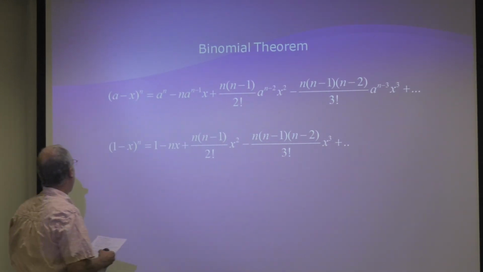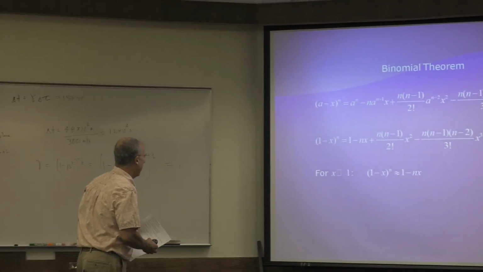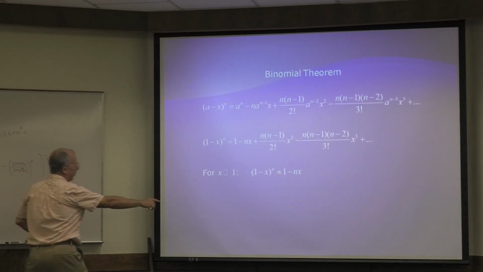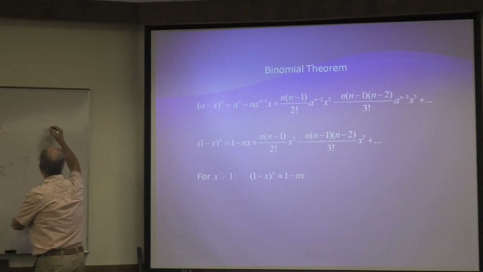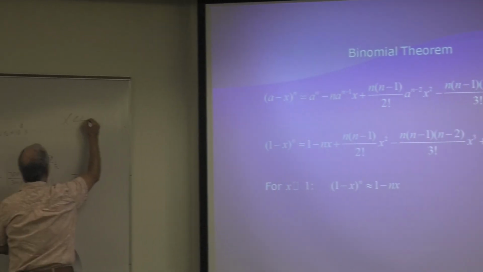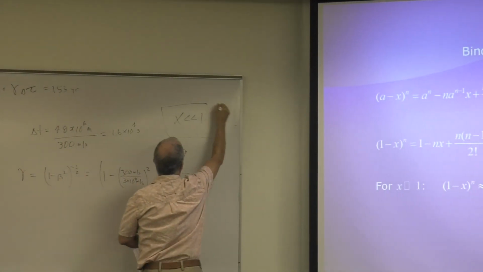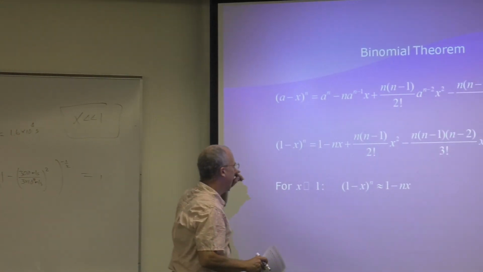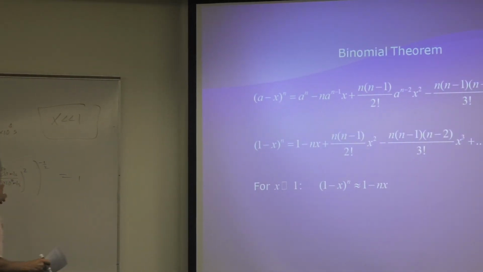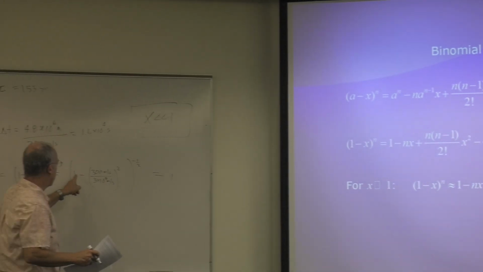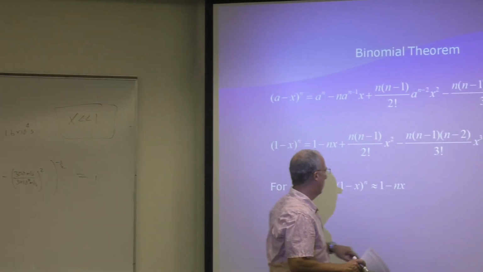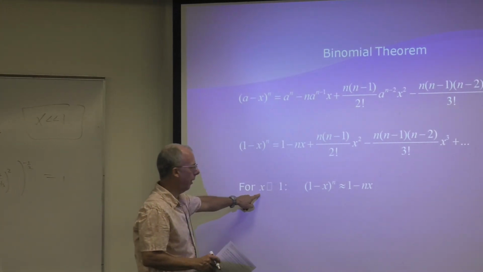Now, that rectangle is supposed to say x is much less than 1, because that's what we have here. We want to look at this equation for really, really small x compared to 1.